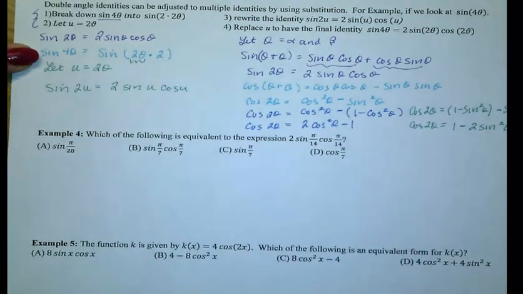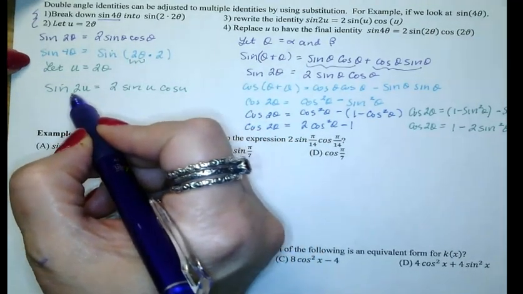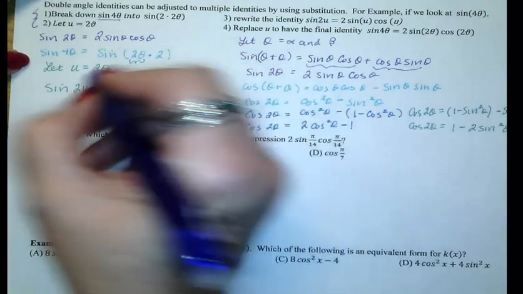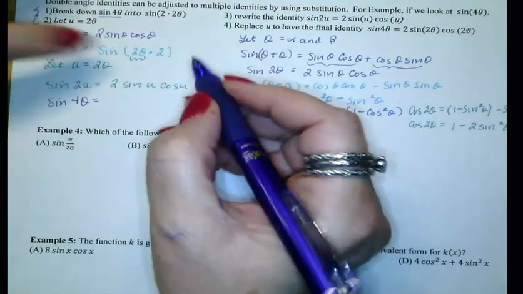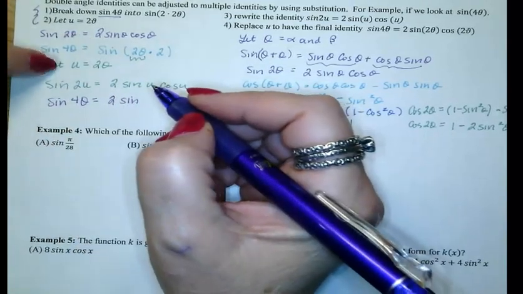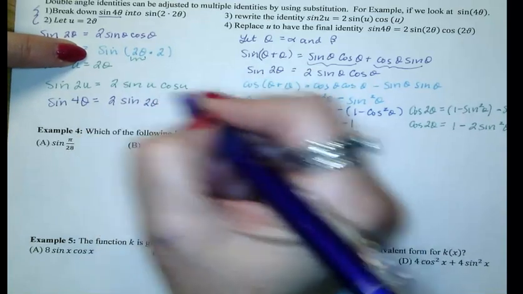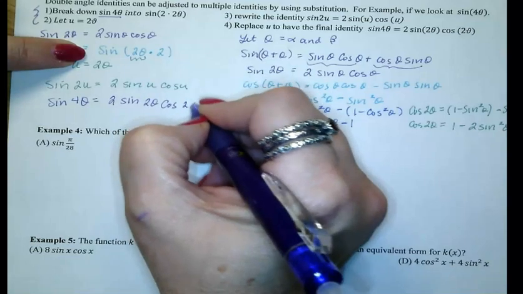So I just took the 2 theta out to help me be able to see what this is going to look like simplified. So if I put my u back in here, that's 2 times theta, or sine of 4 theta. And then I'm going to have 2 sine, and once again, my u was 2 theta, and then cosine, and my u once again is 2 theta.